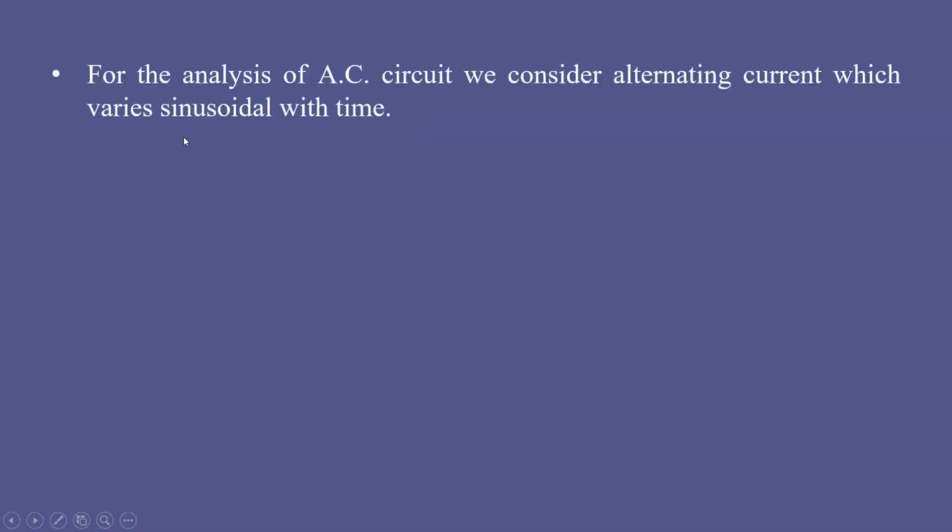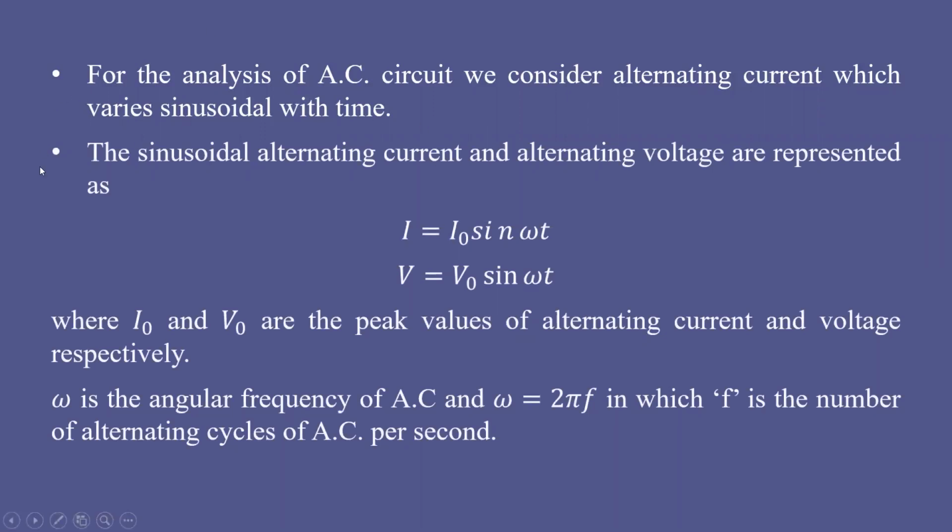How to represent alternating current mathematically? That you will see. For analysis of AC circuits, we consider alternating current, which varies sinusoidally with time. So the current is represented as I equal to I naught sine omega t, and V is equal to V naught sine omega t.